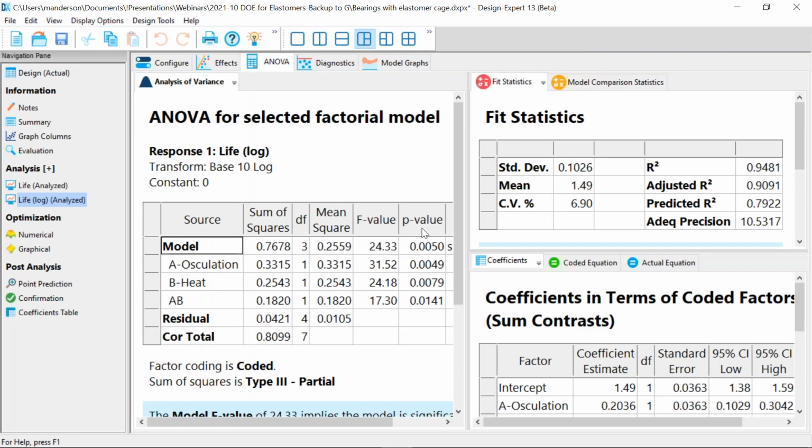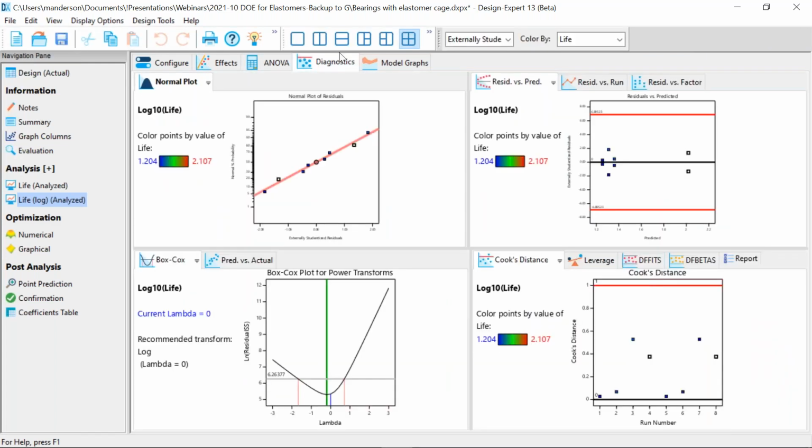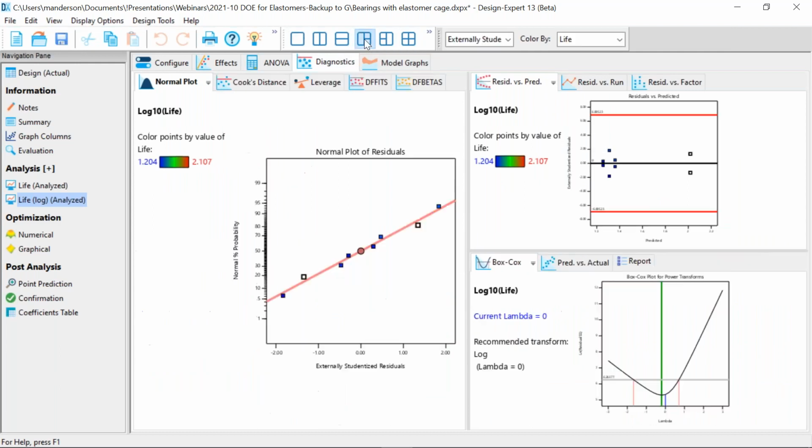And this produces even better p-values and even higher fit statistics. And then it ends up giving us really good results for the very powerful diagnostics. And one of the big things is we no longer see those two high results being flagged as being outliers. They're all within the red line.